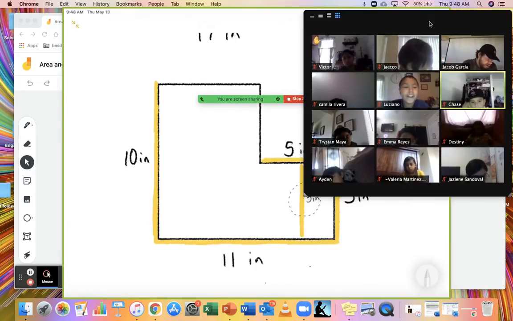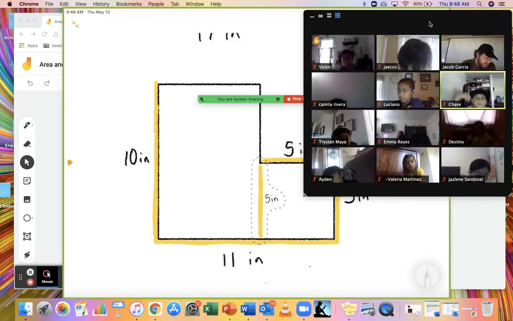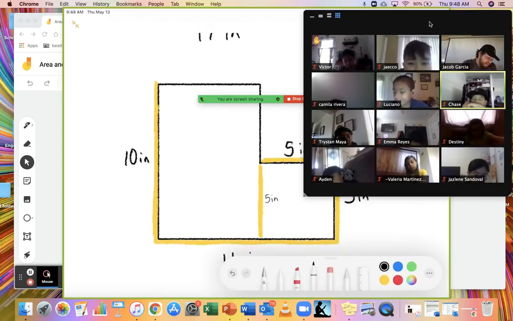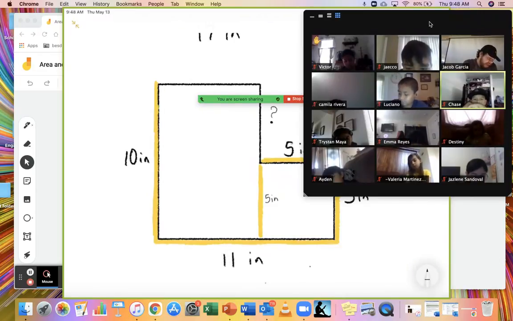That even works when the rectangle is kind of split up. So you see, if we move this here, we have 5 that fills in this missing space. So we just need to find this space. And since both of these need to equal 10 together, we already have 5, like Chase said.